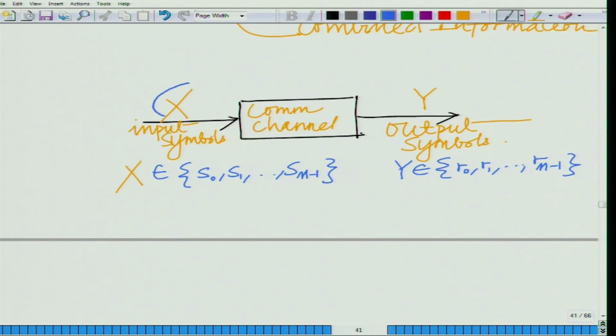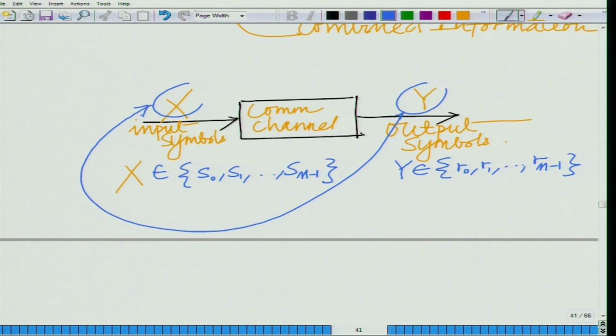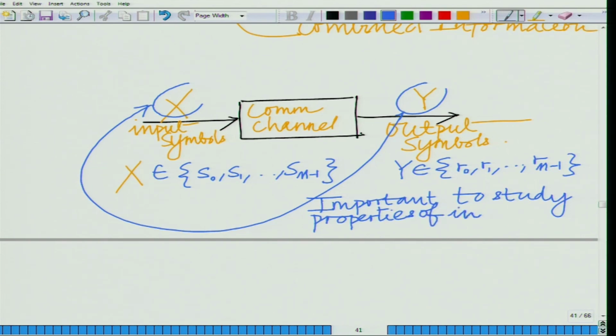Now X is the input, Y is the output. We want to see what are the properties of the joint information, or the properties of information in X comma Y. It is important to study these to understand the fundamental limits of communication.